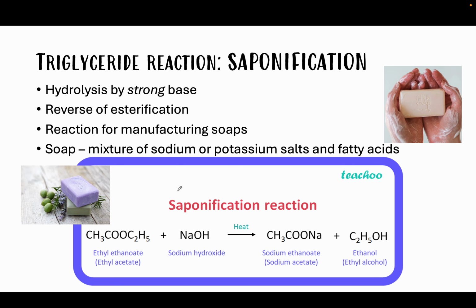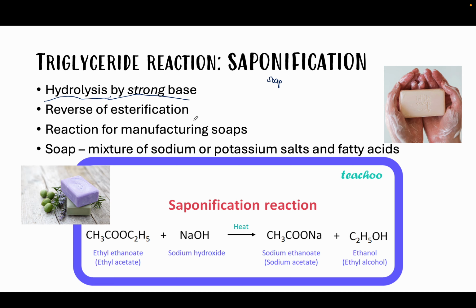Next reaction, saponification. This is the principle behind soap making. It is a reaction, particularly a type of hydrolysis, in the presence of a strong base, and it is the reverse of esterification.